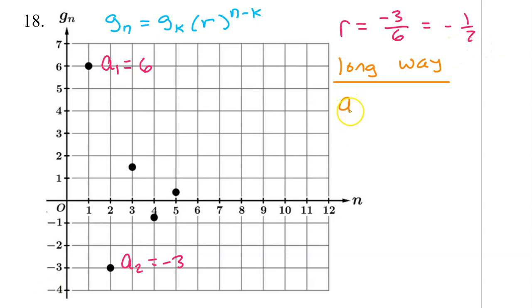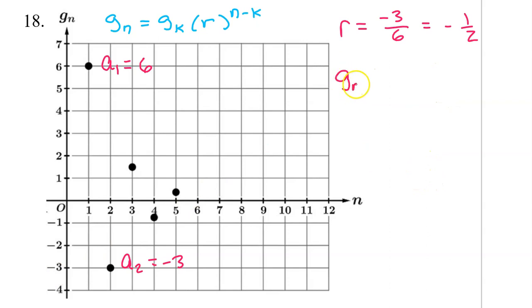The long way would be a2 is equal to a1 times r to the 2 minus 1 power, which is 1. So that's negative 3 is equal to 6r, and then you would divide both sides by 6, and you would get r equals negative 1/2.